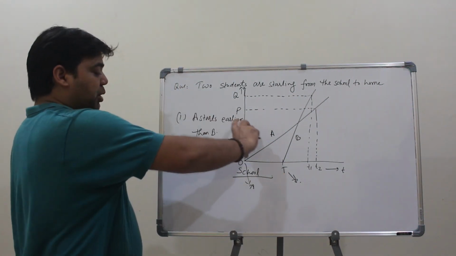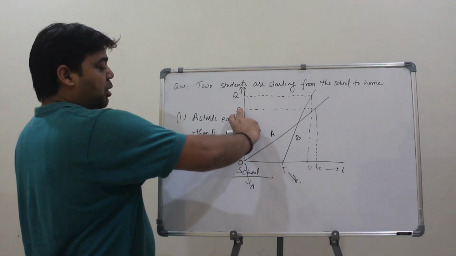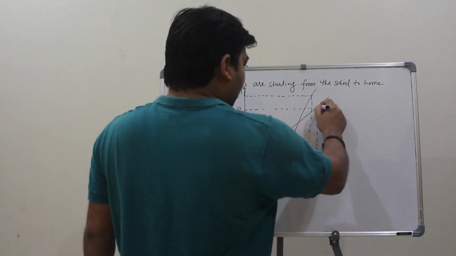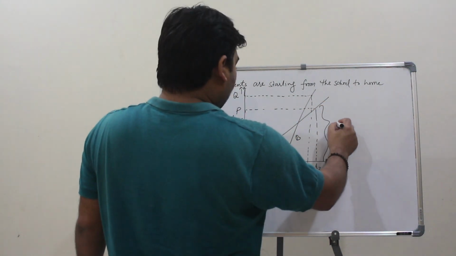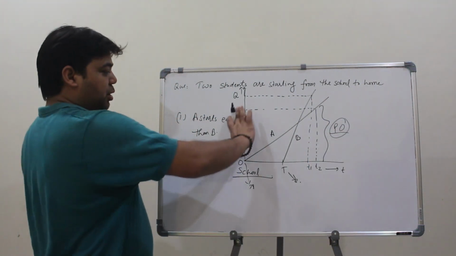Now, whose home is nearer? Obviously, A's home is nearer, it is P. So this is the distance PO. That is smaller.